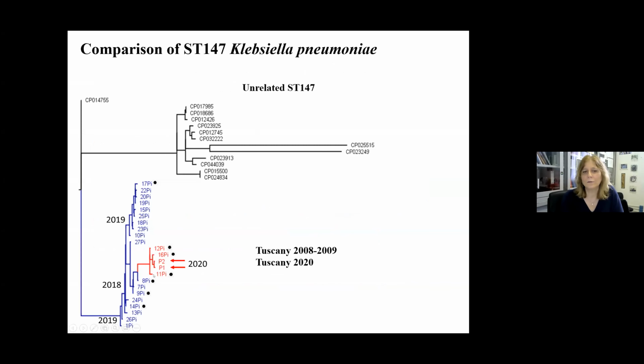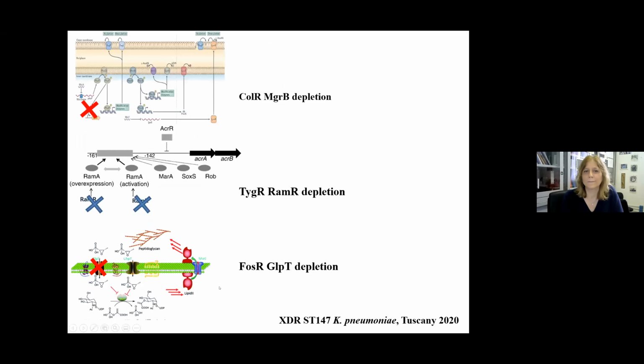These are the two strains isolated in 2020, and this is the phylogenetic tree of some strains of the outbreak, kindly offered to me for this comparison by Professor Rossolini from Florence. You see the new clone derived directly from the previous one, and very few SNPs discriminated the new isolate from the old isolates.